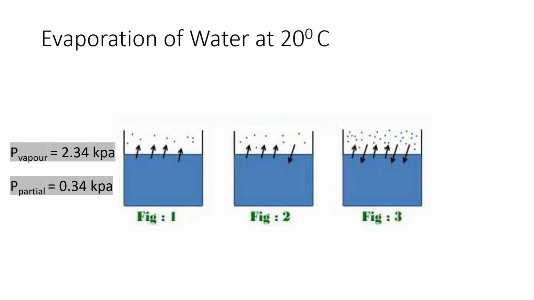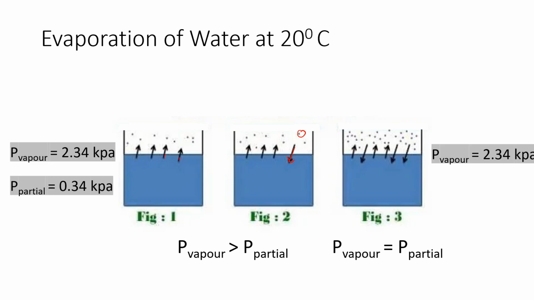So you can see in figure 1 there is evaporation taking place, and in figure 2 you can see that some of the vapor is getting converted to liquid, that is entering into the liquid surface. And in figure 3 you can see that the phase equilibrium is established, that is vapor pressure will become equal to the partial pressure.